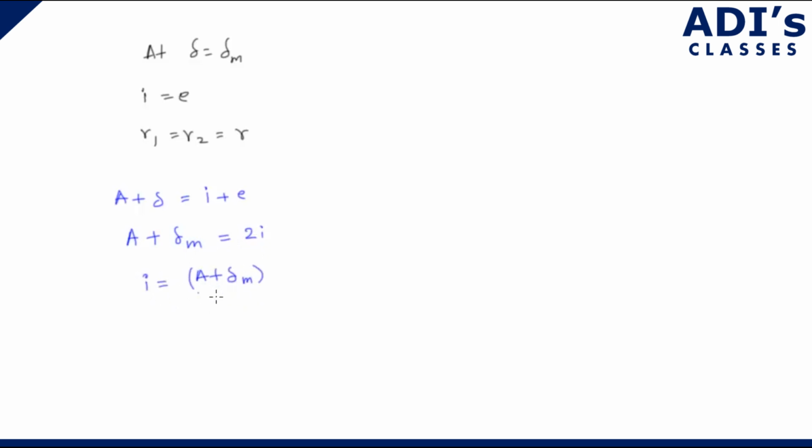So I is equal to A plus delta M divided by 2. This is one equation. Next we had R1 plus R2 is equal to A, but R1 and R2 are the same, we'll call it R. So 2R is equal to A, R is equal to A divided by 2. We have I, we have R.